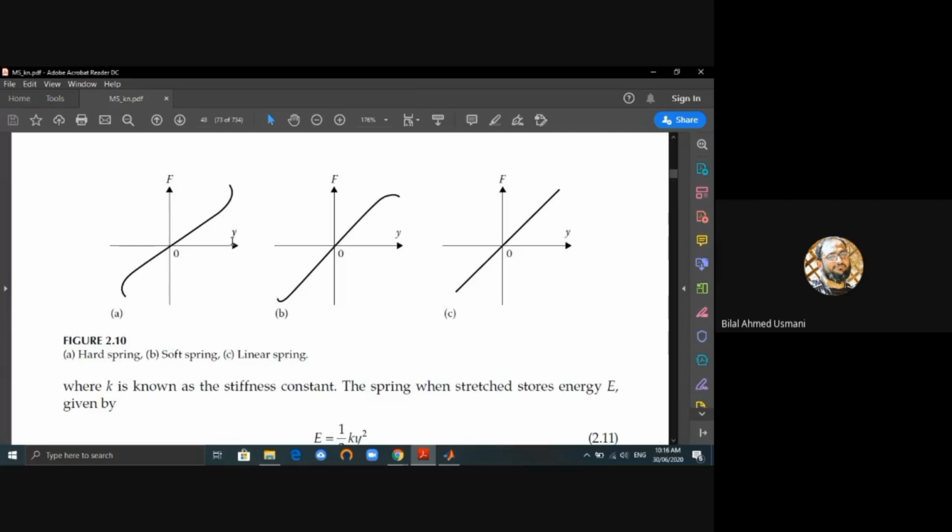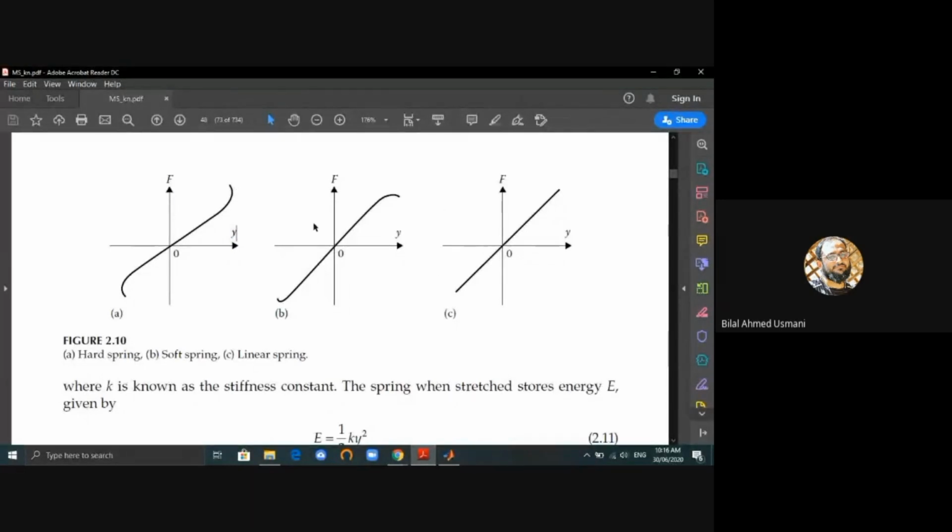So what it means is the more the force applied, the displacement is not changing with respect to that proportion, or the more the displacement, the lesser the force required, but after a certain point. So if force reaches a certain threshold, after that the linear system would break.